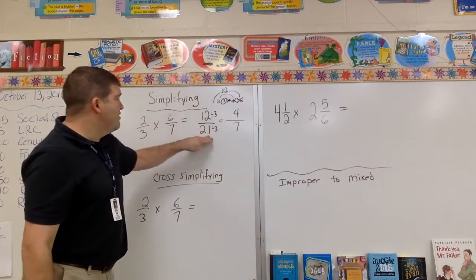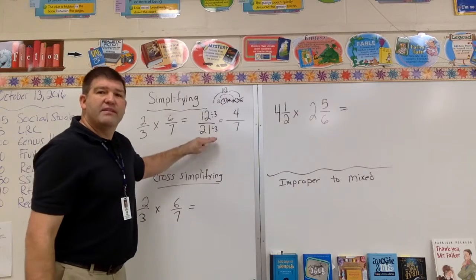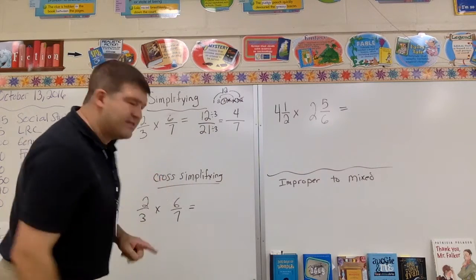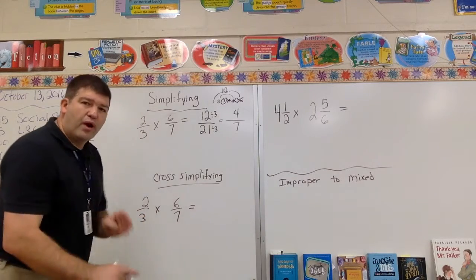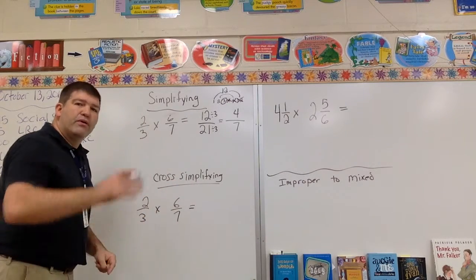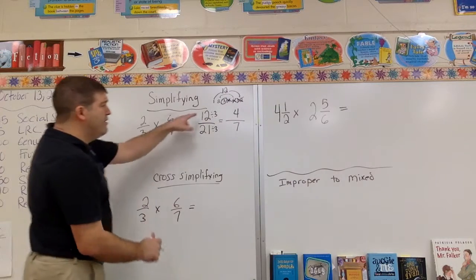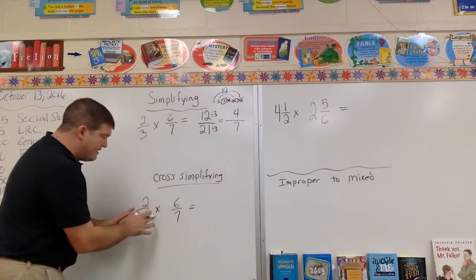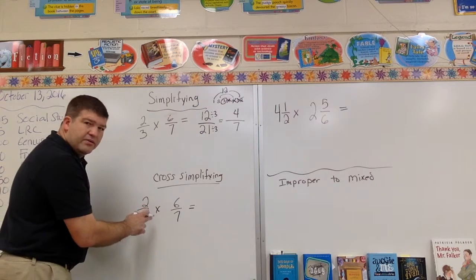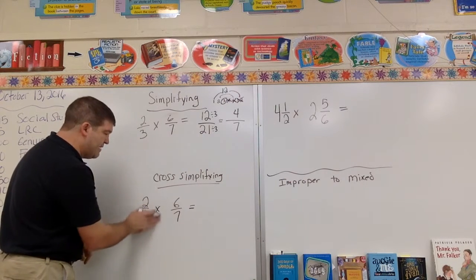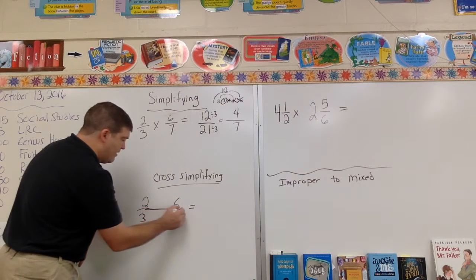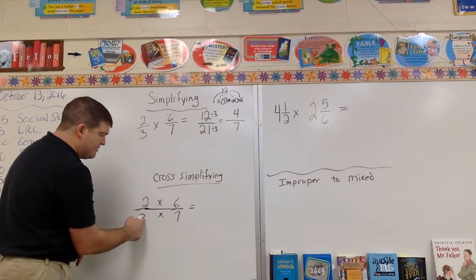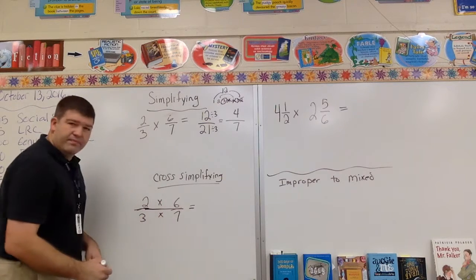So you do the problem and then you get your answer, but then you always have to see, can I simplify it? Now, you might want to simplify it, cross-simplifying it, before you do the problem. Here you have a top and a bottom and you just simplify. This way, basically, 2/3 times 6/7 is the same as 2 times 6 and 3 times 7.